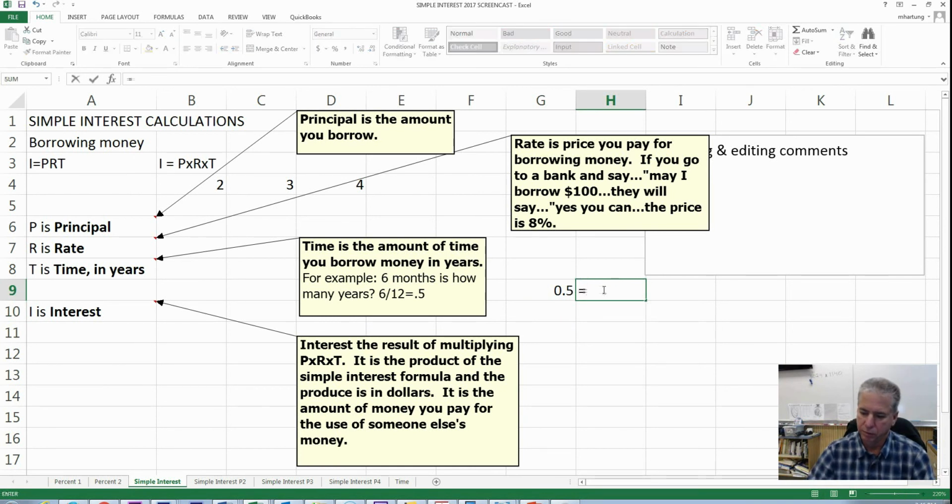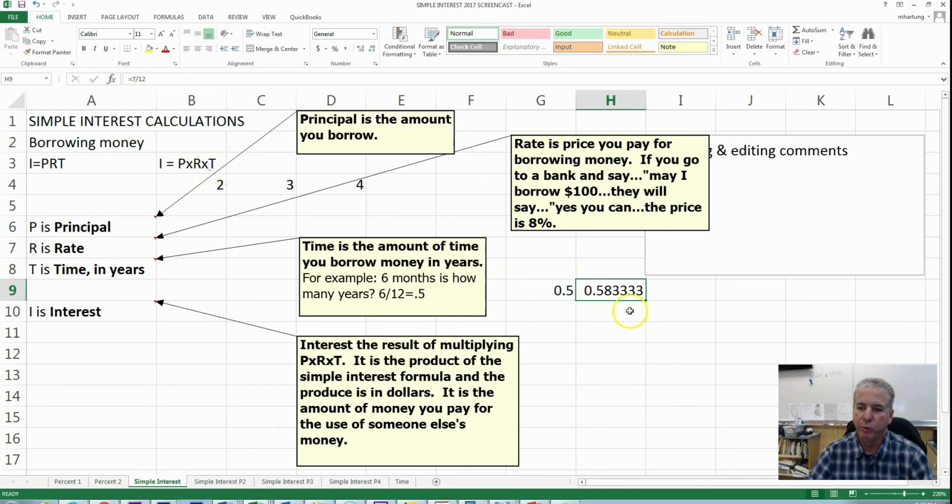Equal sign, 7 divided by 12. I know it's going to be something less than 1, and there it is, 0.58333. That's how many years 7 months is. And so if we borrow money for 7 months, that's the value that would have to be placed in the formula when calculating time.